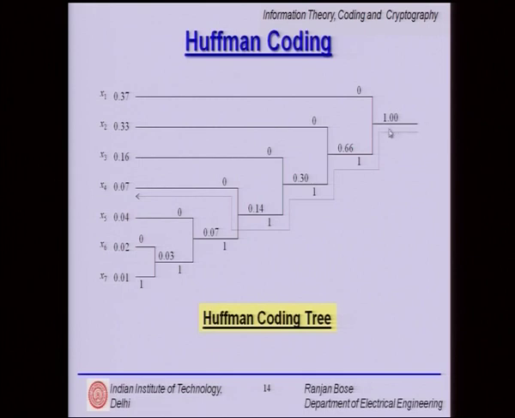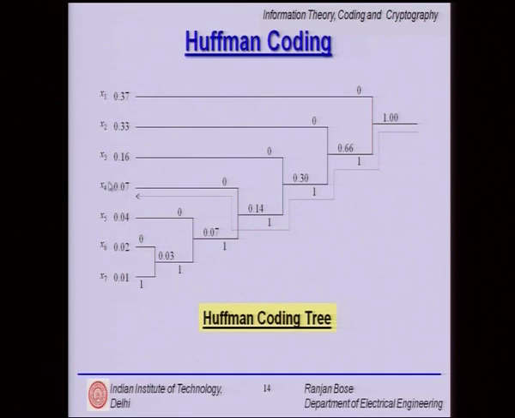I have a choice, I go up or go down. I need to go to x4. Whenever I have to make a choice, if I go up I add a 0, if I go down I add a 1. Therefore these branches are labeled 0, 1, 0, 1, 0, 1 and so on.